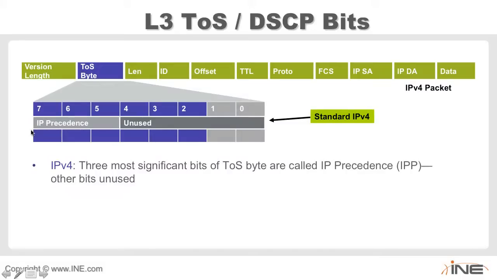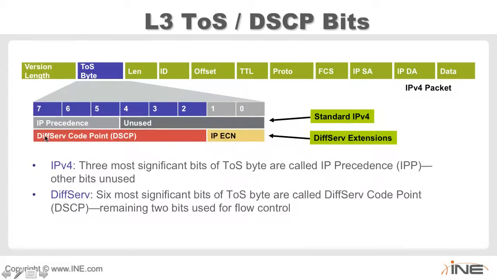Okay, so this is what I just mentioned. If we were looking at the older IP precedence, we use 3. When we're using differentiated services code point, we use 6, and these are reserved for diffserv extensions. Now DSCP can be backwards compatible with IP precedence, obviously, because 3 of the bits overlap, and you'll see how these 3 bits are what we use, and we'll talk about next, for something called the class selector.